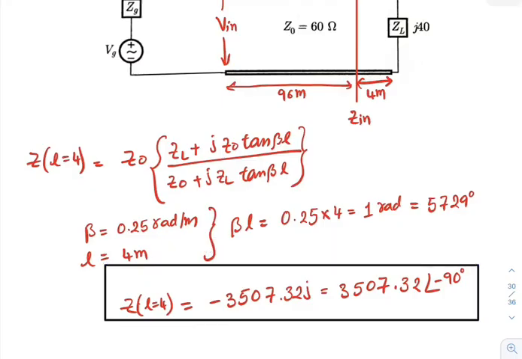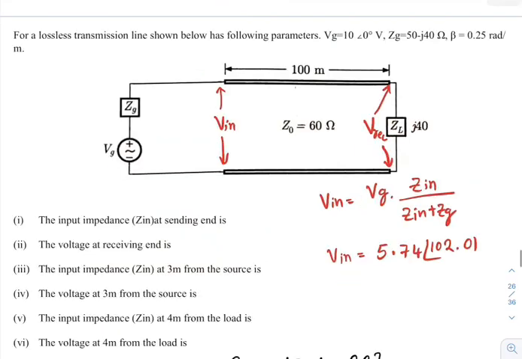Therefore, the impedance at a distance of 4 meters from the load is 3507.32 angle minus 90 degrees ohms. The last question is to find the voltage at 4 meters from the load.